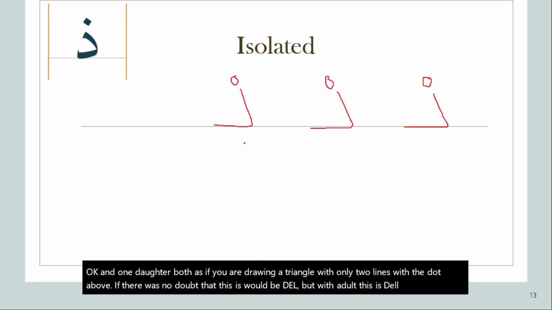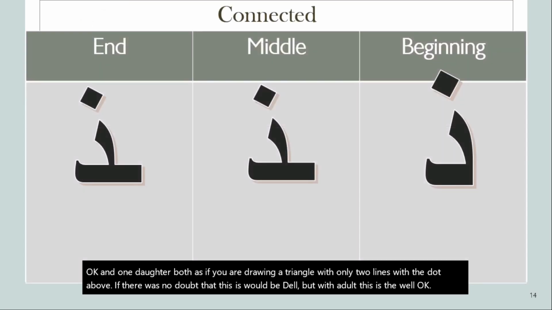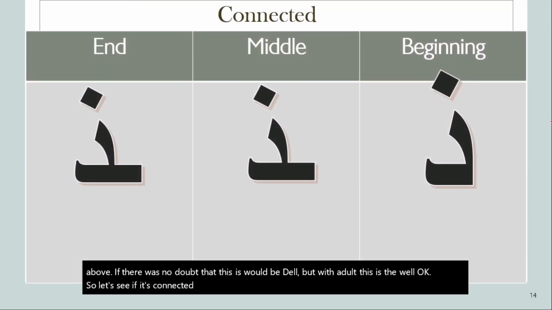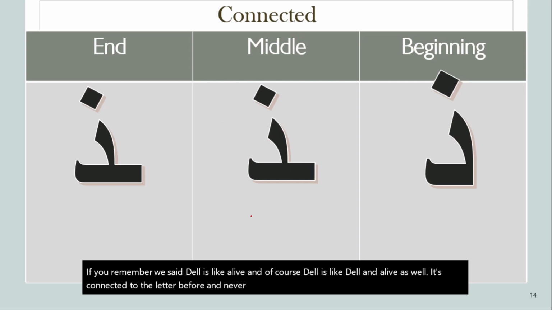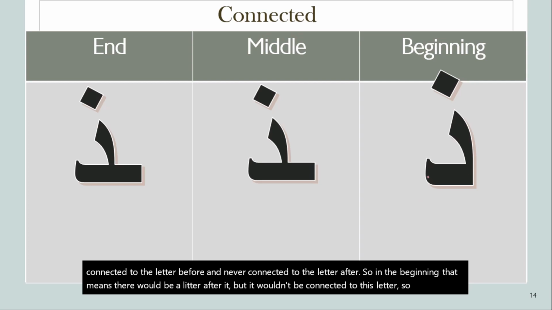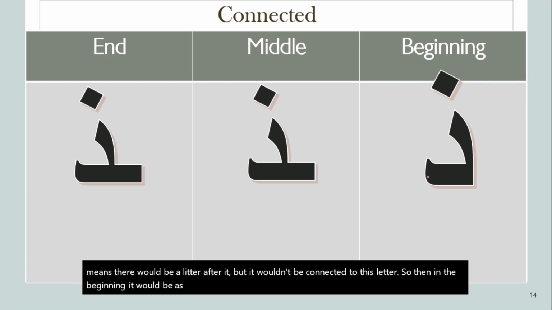So let's see if it's connected. If you remember, we said dal is like alif, and of course dhal is like dal and alif as well. It's connected to the letter before and never connected to the letter after. So in the beginning, that means there would be a letter after it, but it wouldn't be connected to this letter. So dhal in the beginning would be as if it was isolated, because it's not connected to the letter after it.